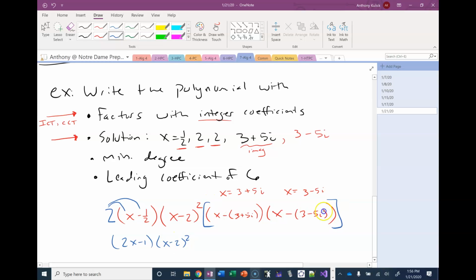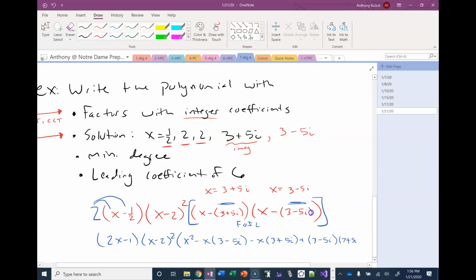And these two definitely don't have integer coefficients because I have the i in there. So I'm going to have to FOIL that out. So when I do the foiling, again, I'm going to think about these guys as one thing. So I have x squared minus x times 3 minus 5i minus x times 3 plus 5i plus 3 minus 5i times 3 plus 5i.